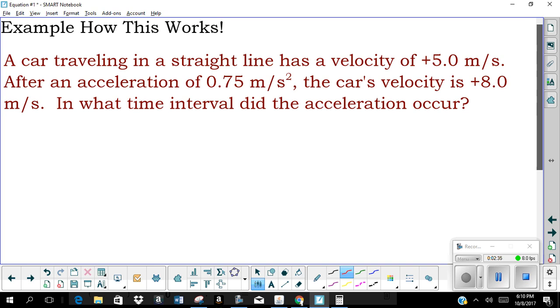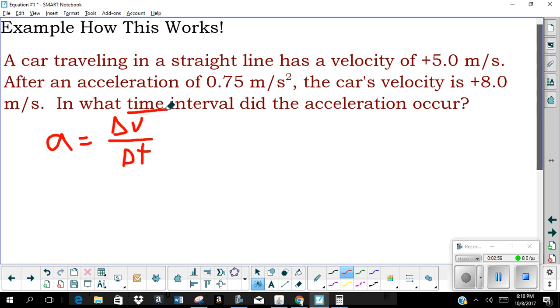So let's take a look at our equation. Again, good rule, always write down your equation first. So A equals delta V divided by delta T. Next thing I'm going to do is rearrange this equation to find time, because that's what the problem is asking me to find.